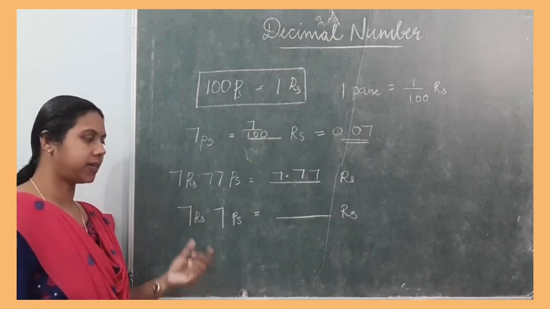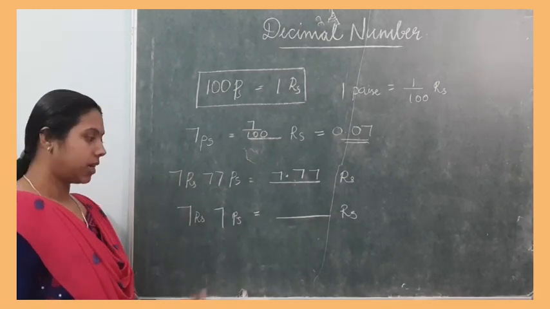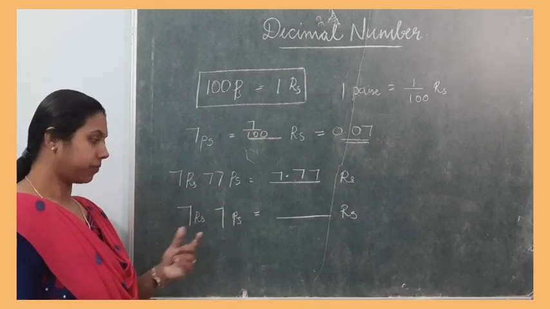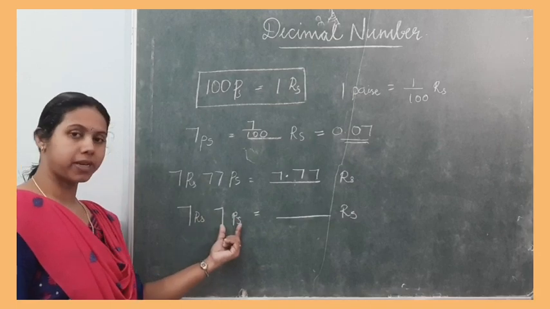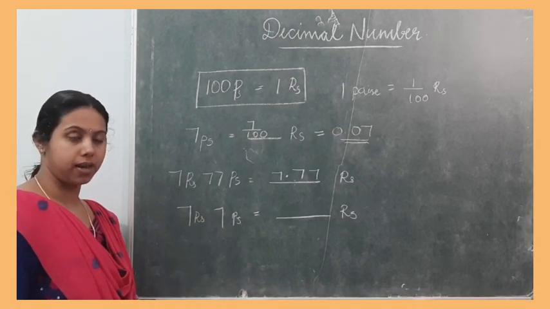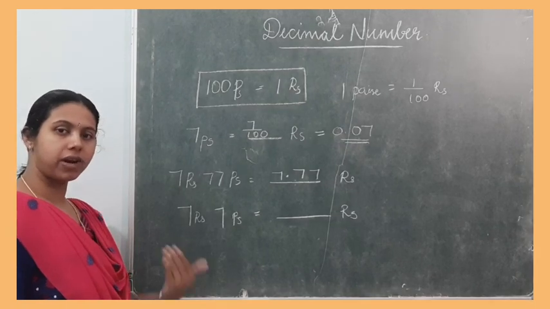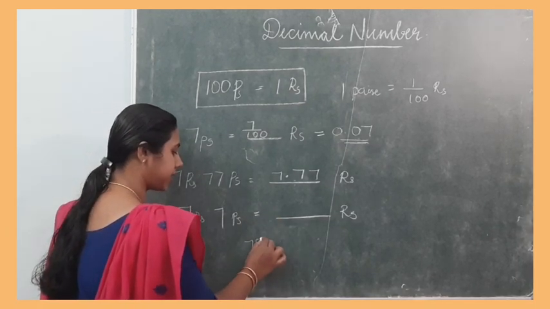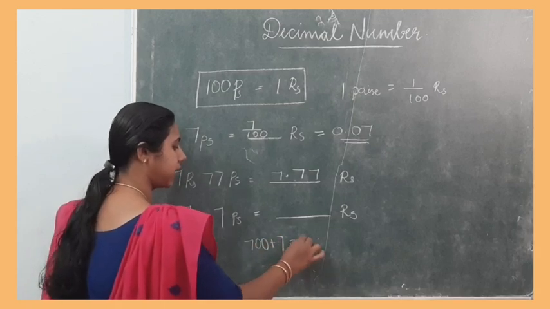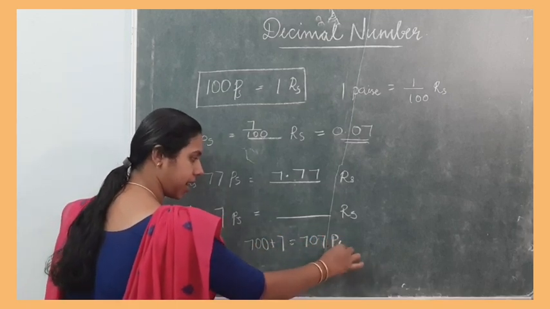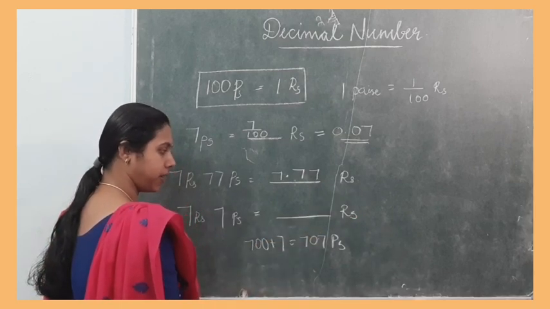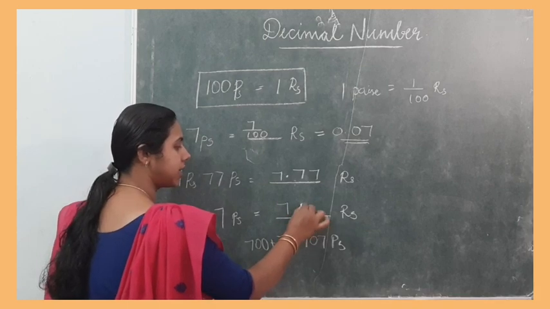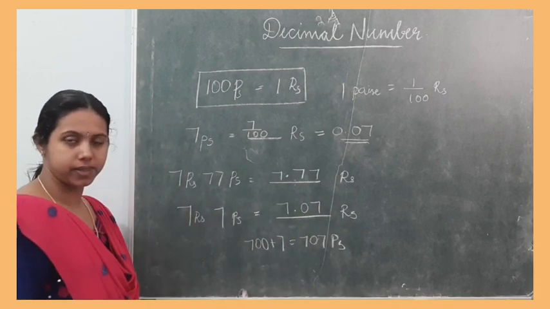7 rupees 7 paisa converted to rupees. 7 rupees is 7 into 100, 700 paisa. So 700 paisa plus 7 paisa is 707 paisa. That you convert to rupees, so divide by 100. It will be 7.07 rupees.